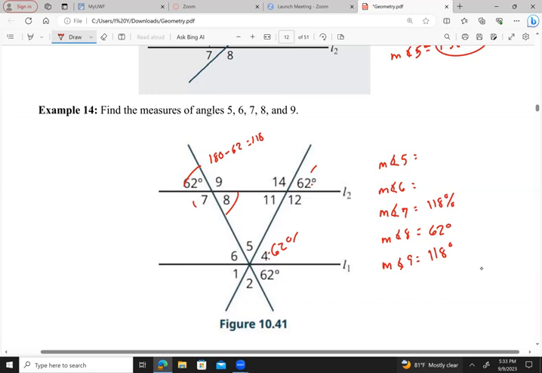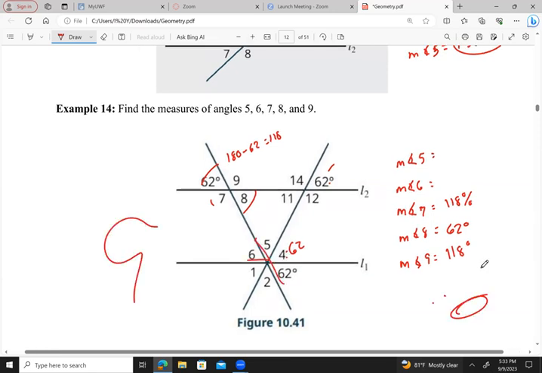This line, this line. All right, come back. So that means 6 is a vertical angle as well. So it's 62 degrees.